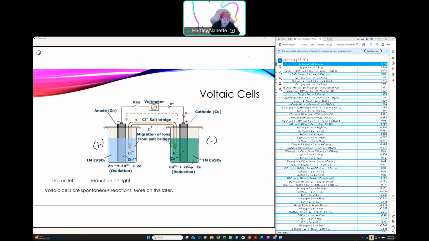A voltaic cell, generally speaking, is any cell that separates oxidation from reduction. So anything that does that. Now, this statement is not exactly correct. We'll get to that.